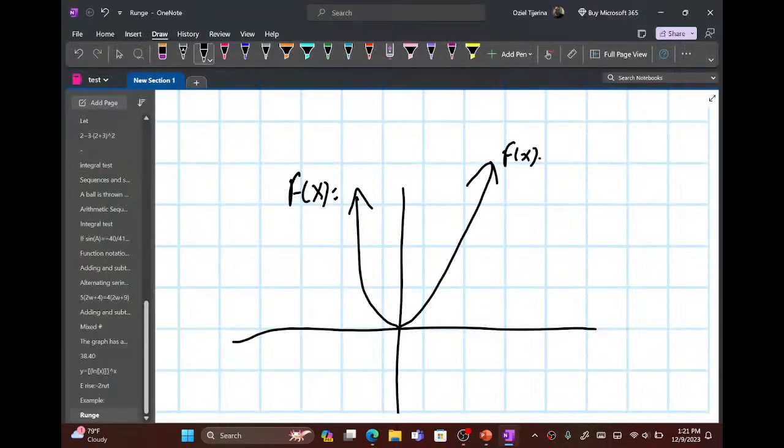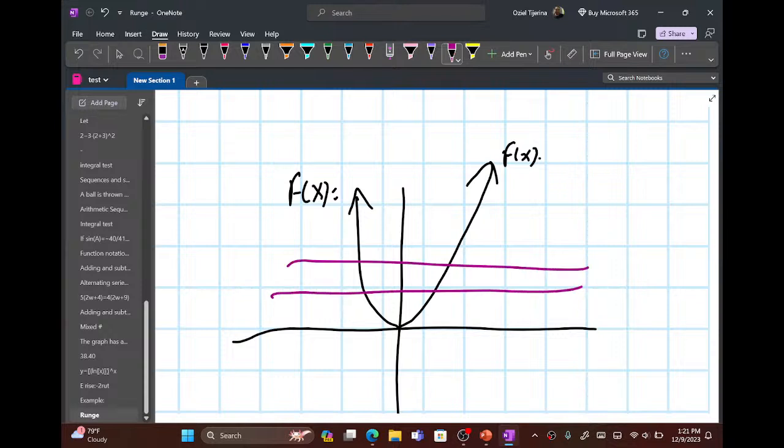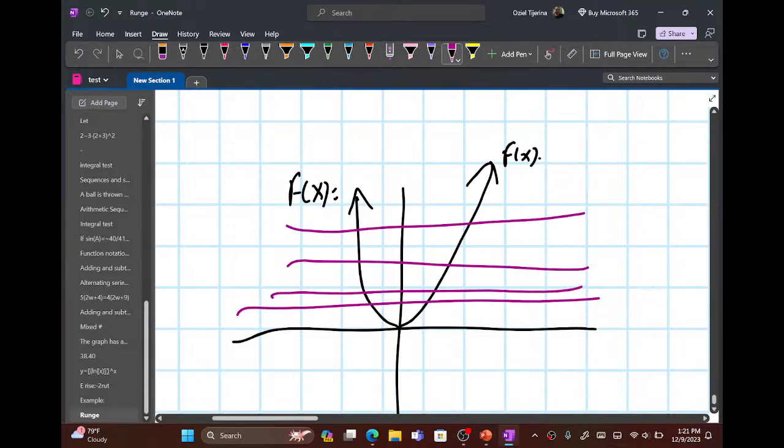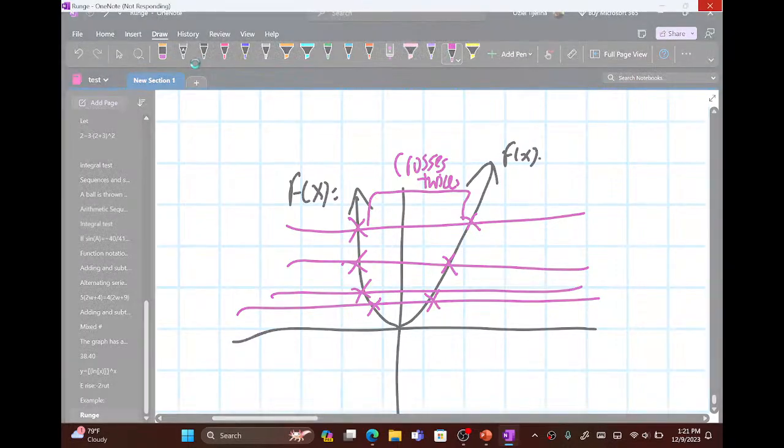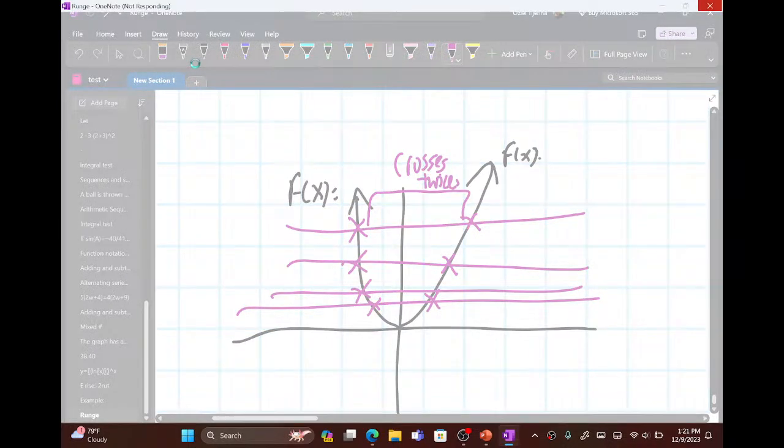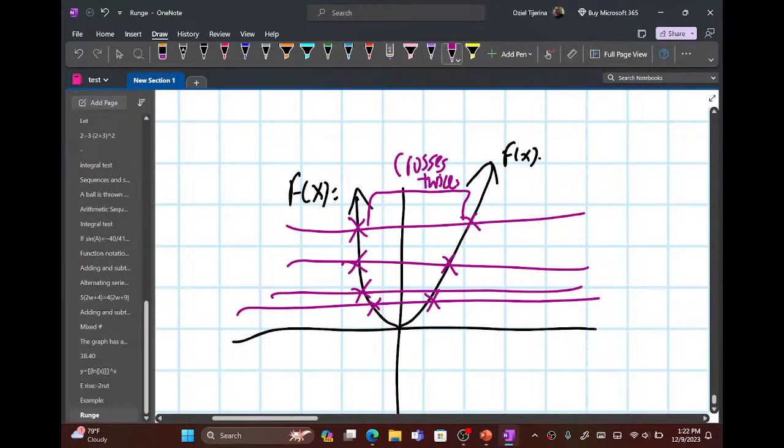Oh my god, I don't know why it keeps doing that. If I draw horizontal lines like this, it's crossing it twice. So f of x does not have an inverse.